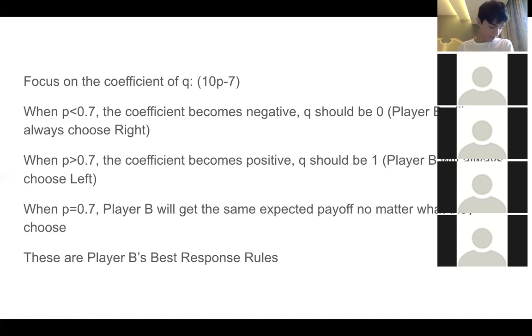Come on, some yeses, some nos. I just need confirmation that people either understand or don't. Either one is fine. Okay, I see plenty of yeses. So now we have the best response rules for both players A and B.